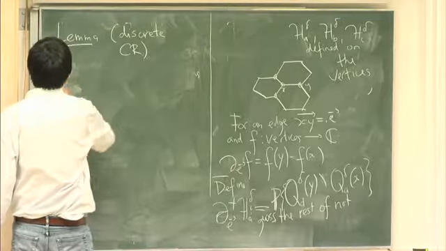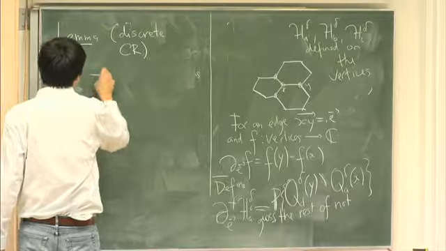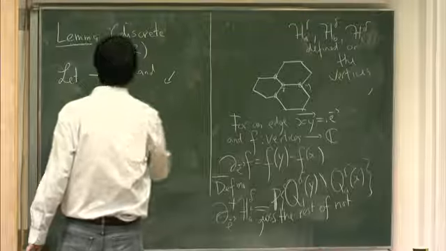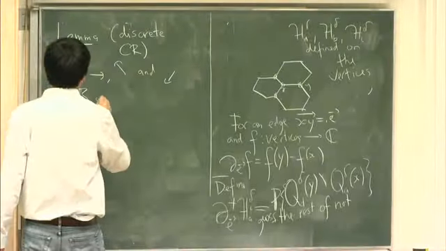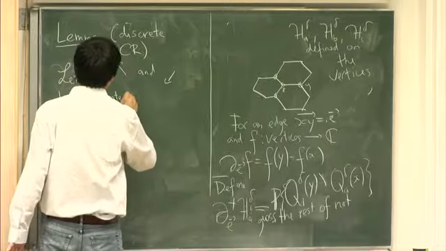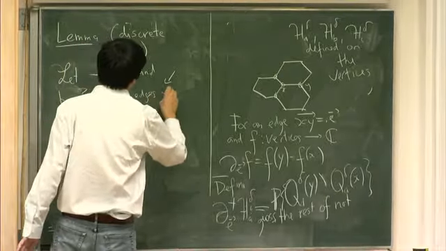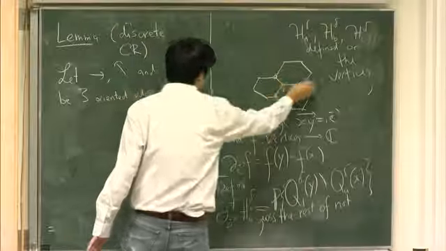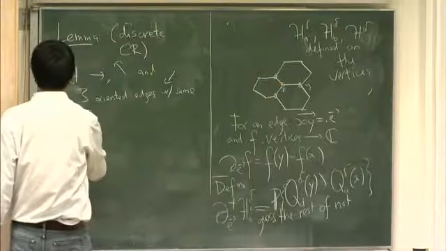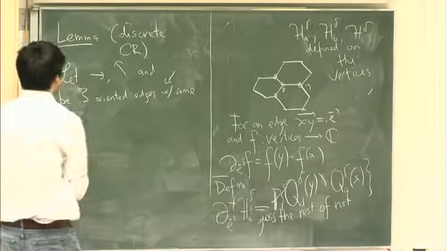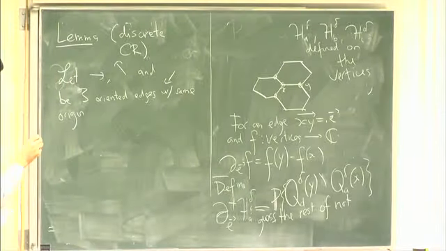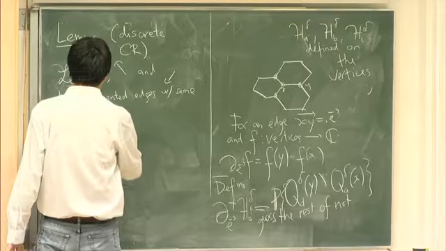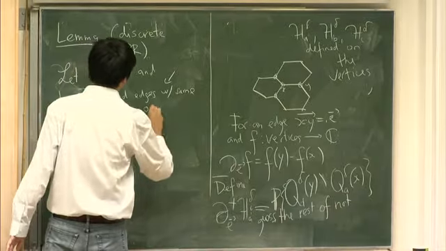So let this, and this, and this be three oriented edges with the same origin. They start from the same x, but they go to these three points, in counterclockwise order.